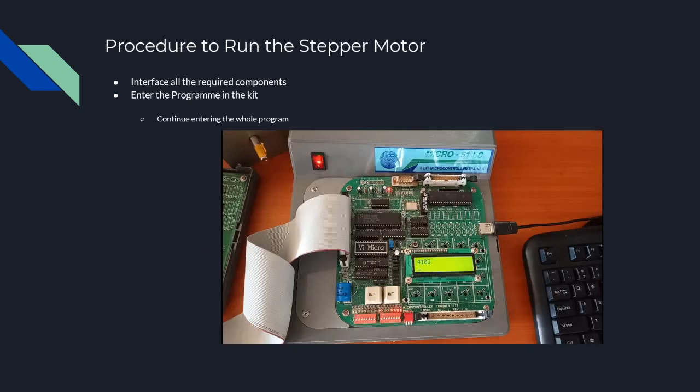Once you proceed with the code as it is shown in this video, you'll be able to complete entering the program inside the microcontroller kit, where the starting address will be 4100. One instruction after the other is being entered.